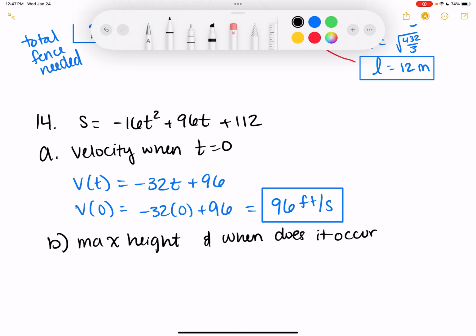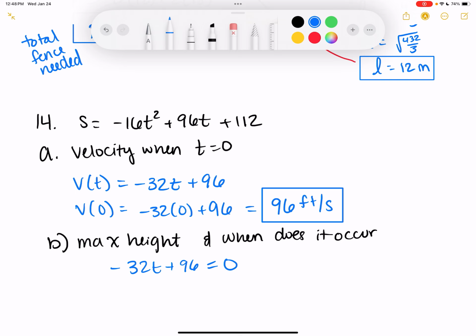Velocity is 0. Yes, velocity is 0. So what do you think we might need to do? Okay, so set the velocity equation equal to 0. So I'm going to have negative 32t plus 96 is equal to 0.